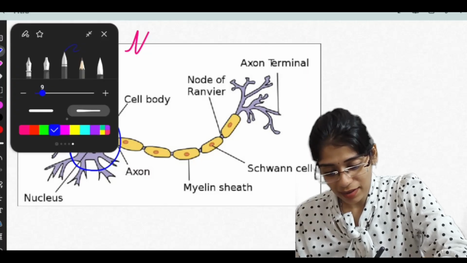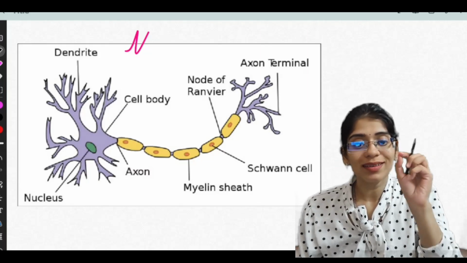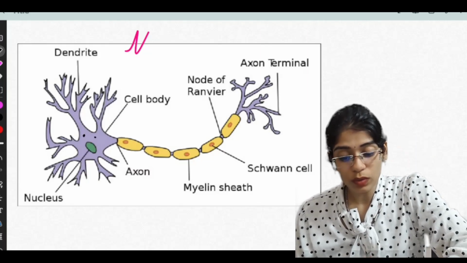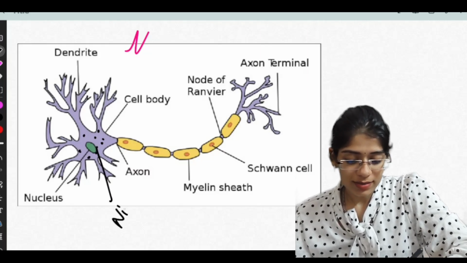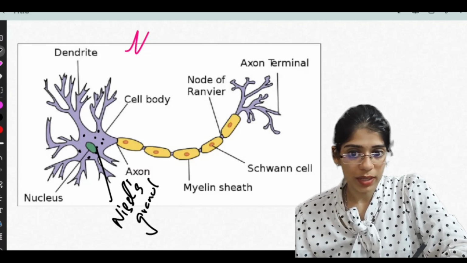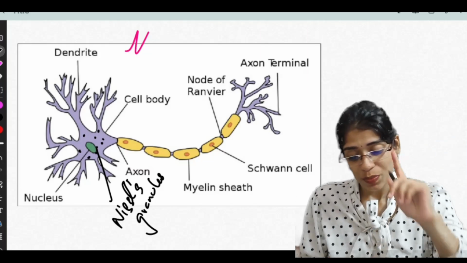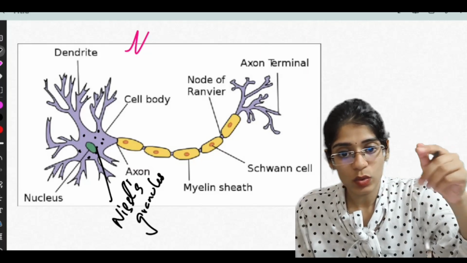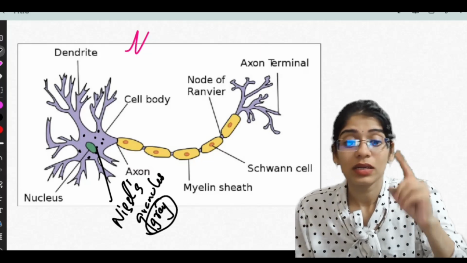Now, guys, in the cell body, you have small granules, where is the black color? Yes, you have small granules called Nissl granules. In the cell body you have Nissl granules, and these Nissl granules look grey in color.